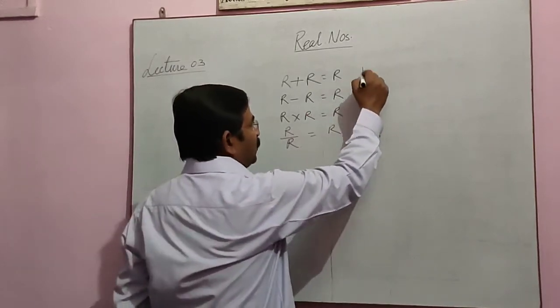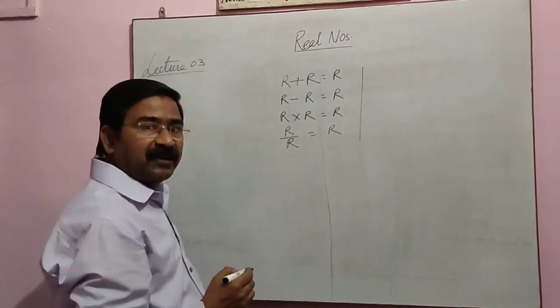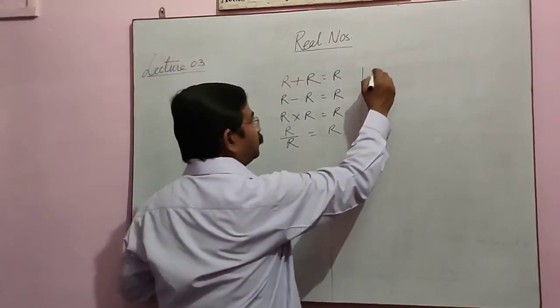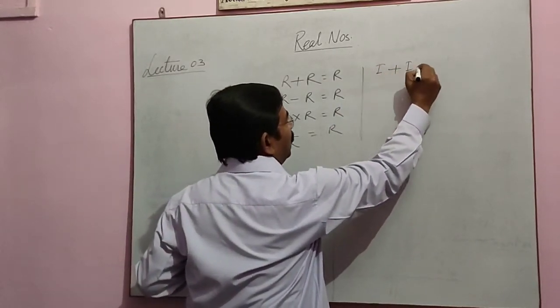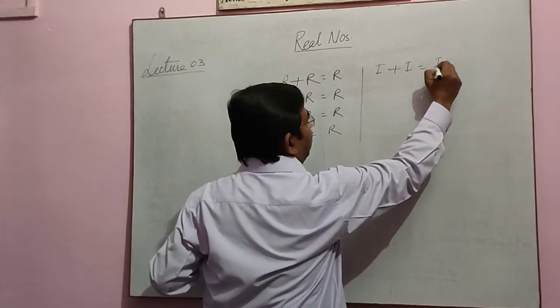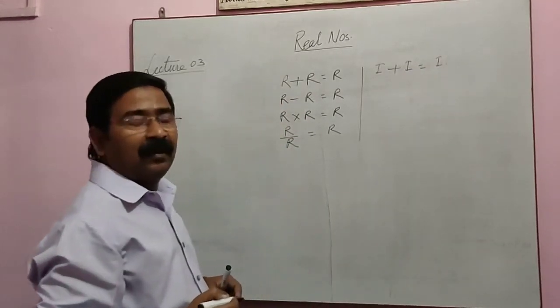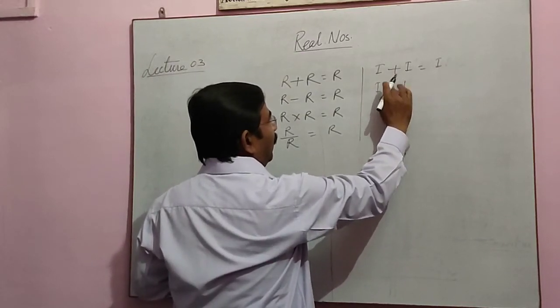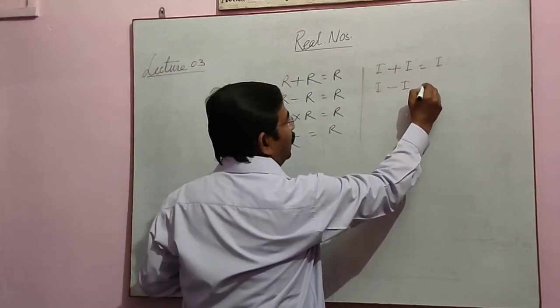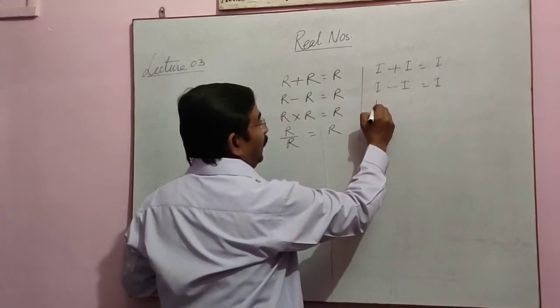Now for irrational, I am writing in short. Irrational plus irrational is irrational. Irrational minus irrational is irrational.